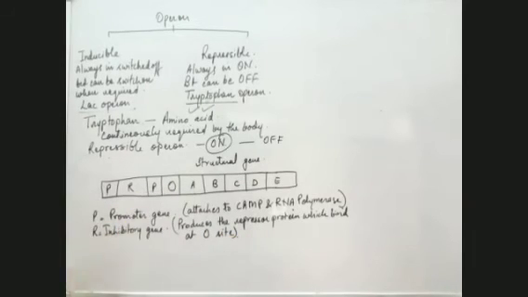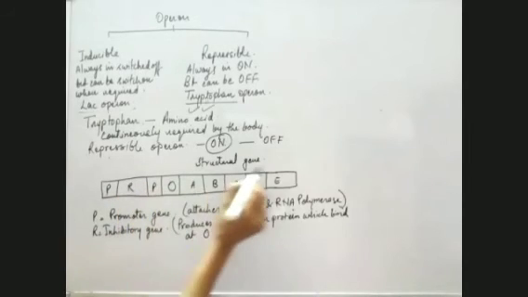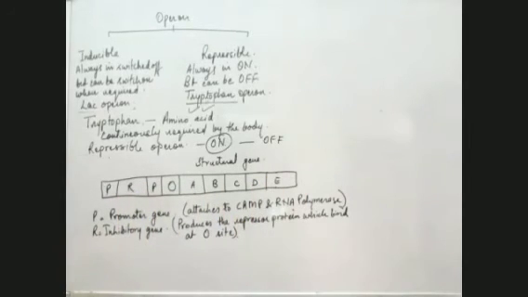Whatever it produces, it binds at O and doesn't allow the RNA polymerase to slide over it and undergo the process of translation.